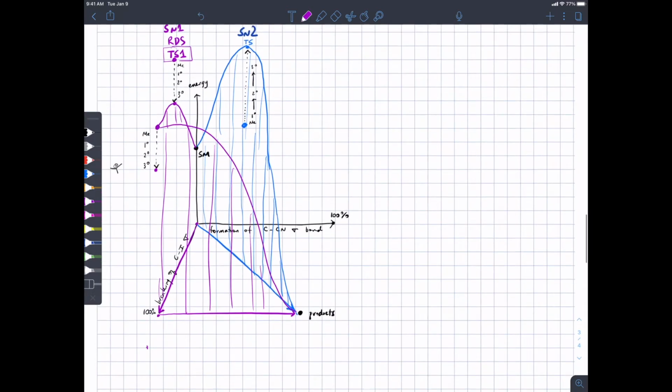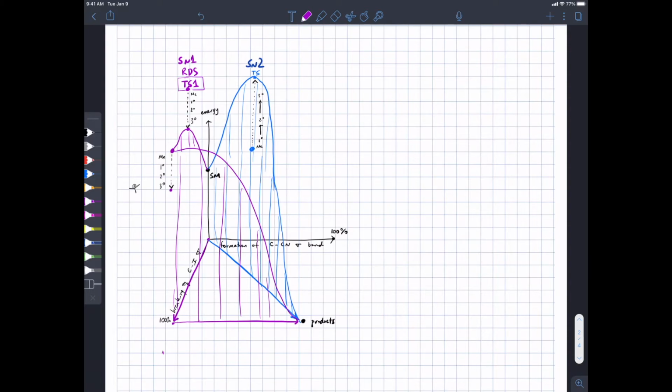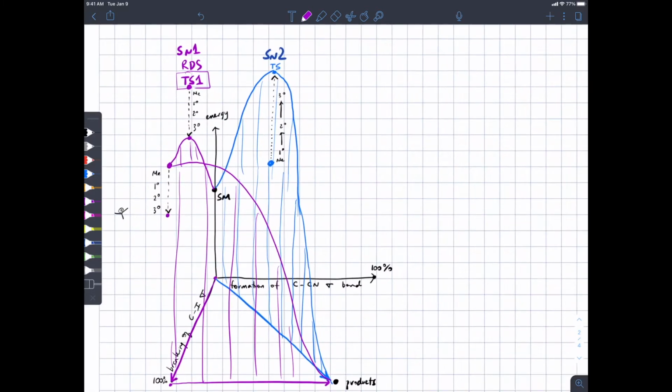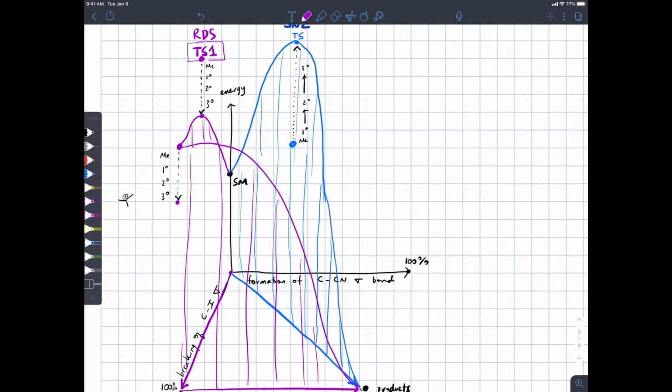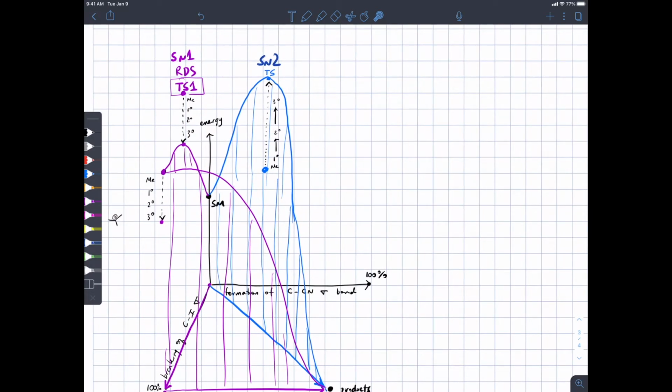So this is the situation, and this is how it's changed when we change the character of the alkyl halide. As we go to a more substituted alkyl halide, it becomes easier for us to go over the SN1 barrier to the carbocation and then down to products, and more difficult to get over the SN2 barrier.